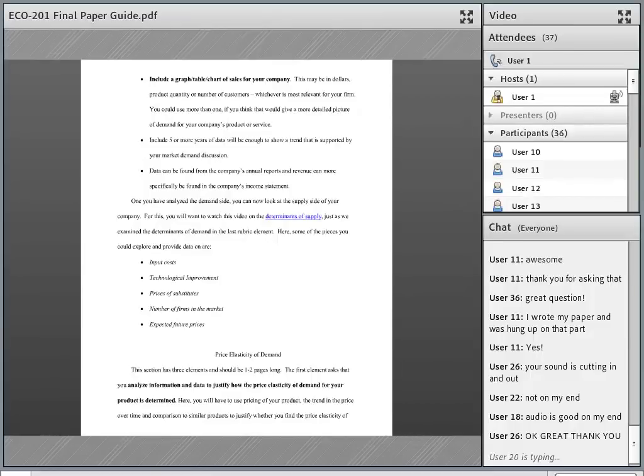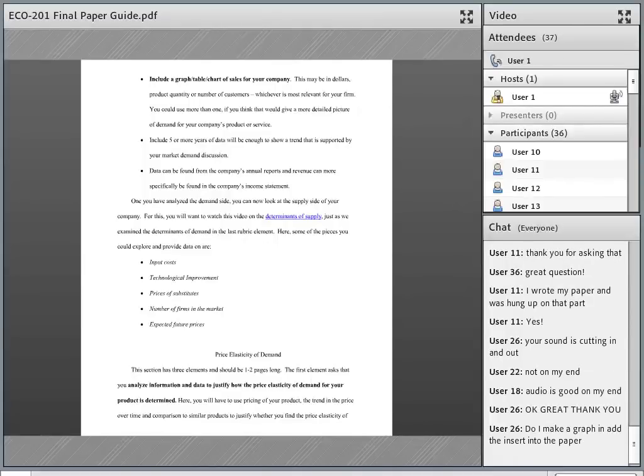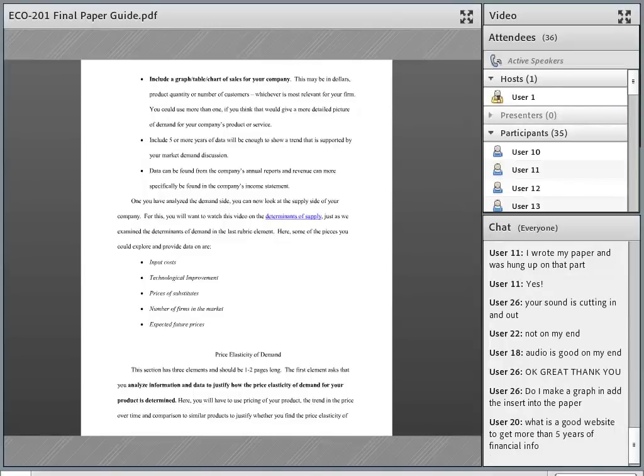And then also, this is where you can bring in the determinants of supply, which affect how much they're looking to supply in general. Input costs are a major driver of how much companies supply. Technological improvements will be a driver. Prices of substitutes will impact supply.